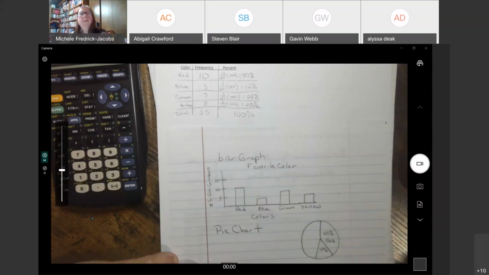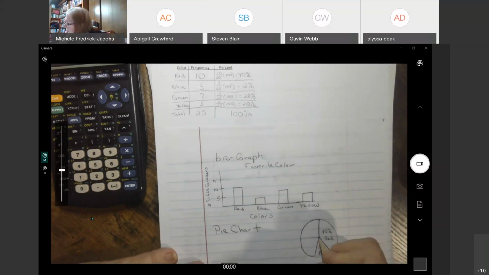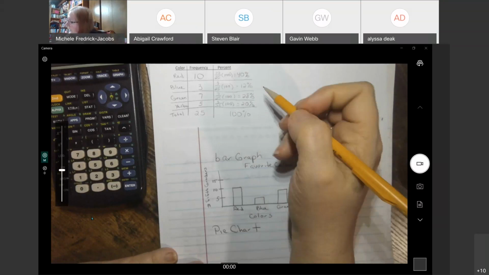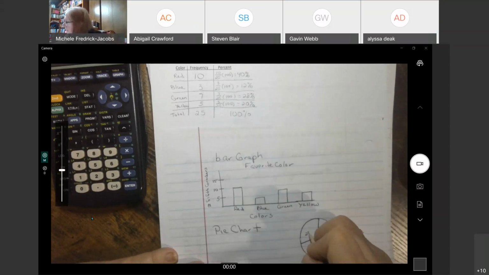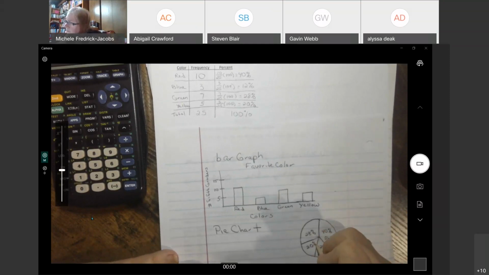And 12% was blue. This would be a quarter. If we went a little bit more than that, that would be our 28. And the other one would be our 20. Yellow.